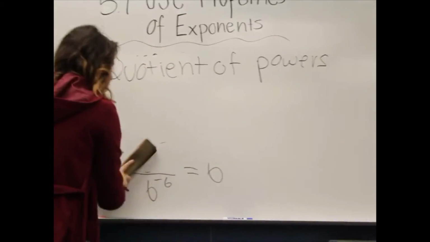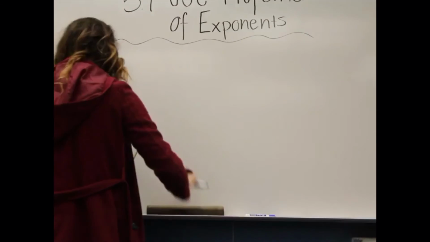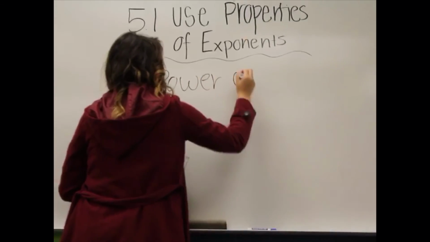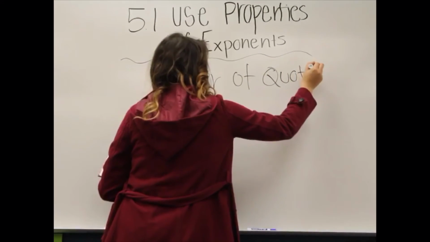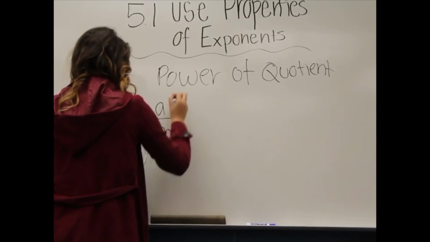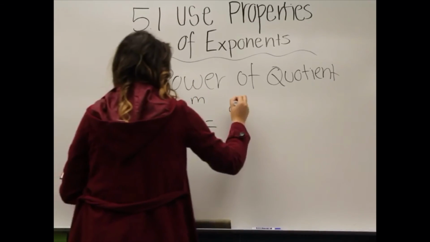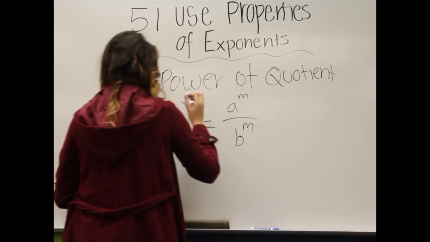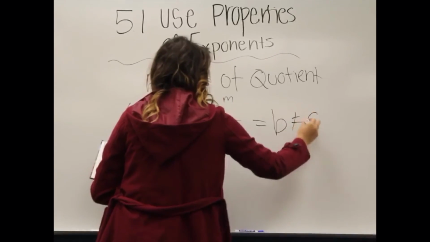The next property we will be doing is the reverse of the second to last, which would be power of a quotient, which would be A over B in parentheses to the m power, which would equal A to the m over B to the m, with the exponent being distributed, but B does not equal 0.